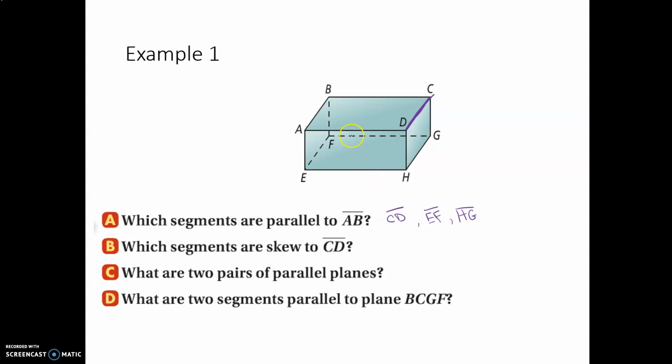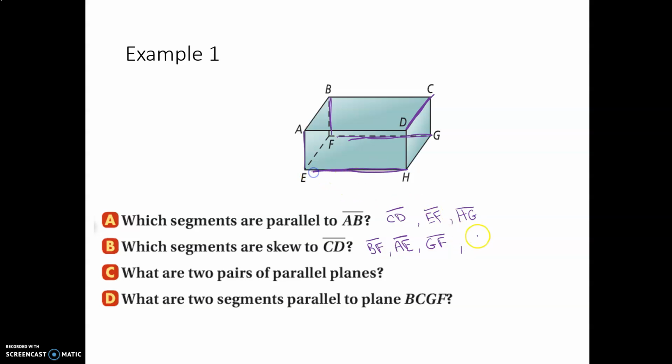All right, so how about BF or AE? So BF is skew, AE is skew. Looks like GF. GF is skew. Or FG, whichever way you want to say it.